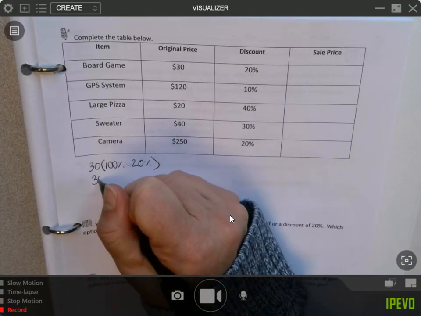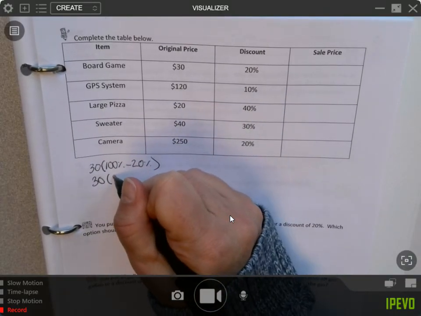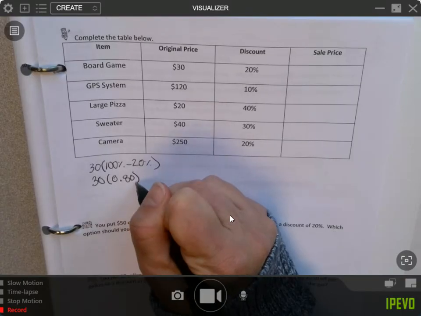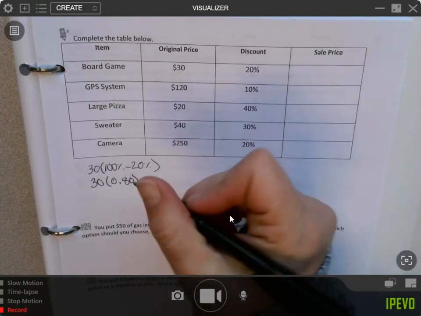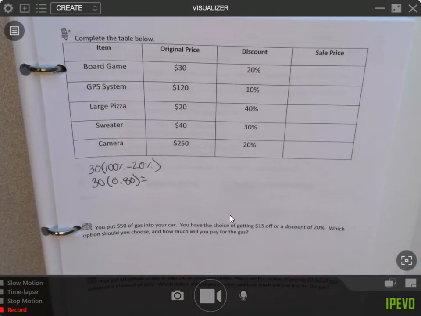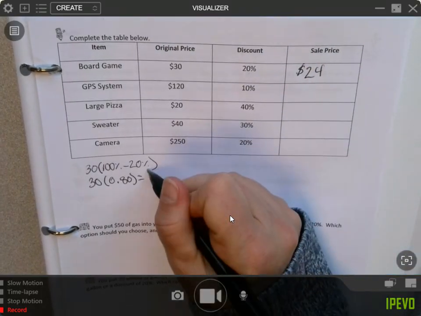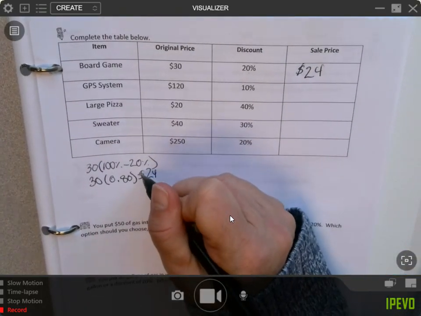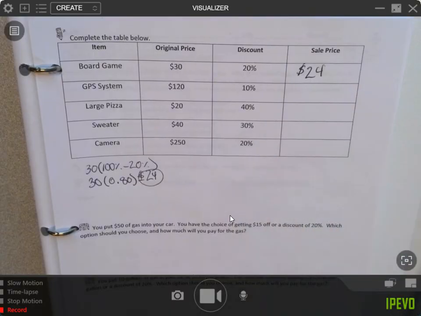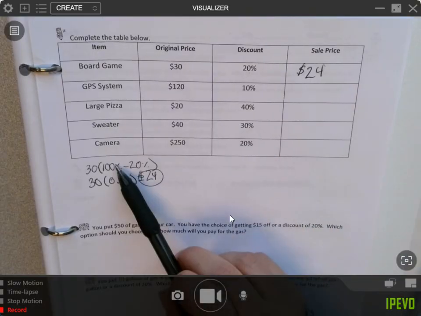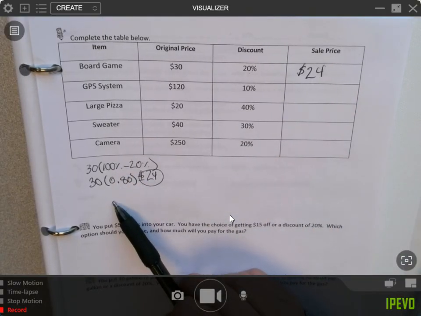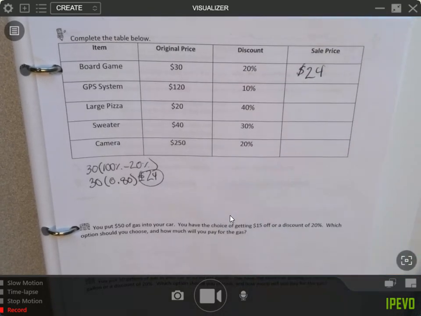So that's 30 times 0.80, which is that 80%, which equals $24. So I'm going to put that sale price into the box up here.